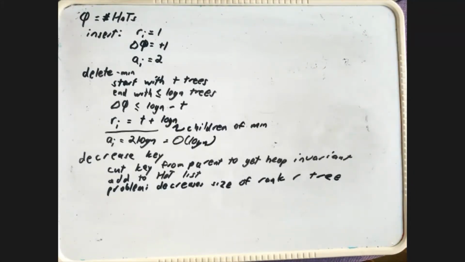So all of a sudden, trees of rank d no longer need to have 2 to the d nodes. And if that's true, then it's possible that we may end up with a lot more, right? If you can't use that bound on the number of nodes in a tree, you may end up with a tree that has much larger degree than the log n that we originally proved. So that's what we have to fix.